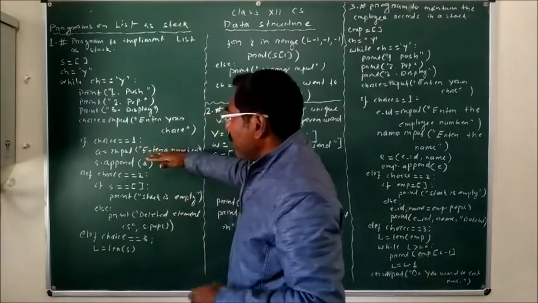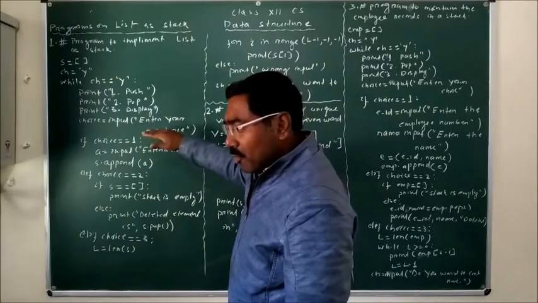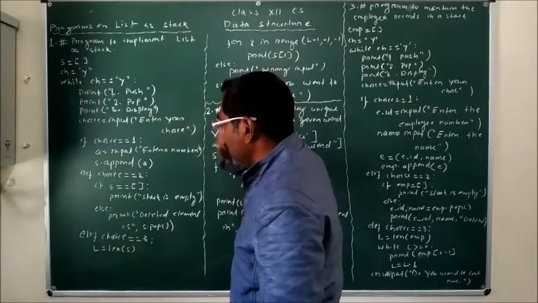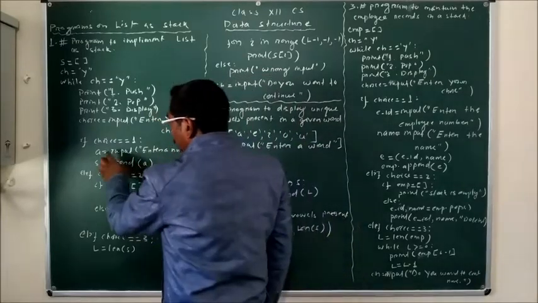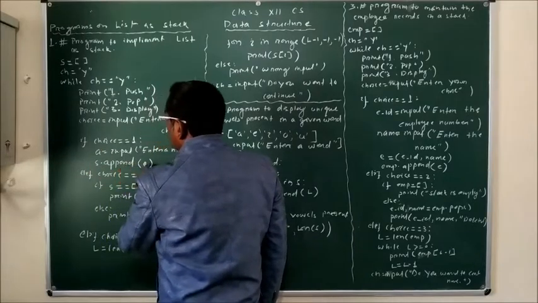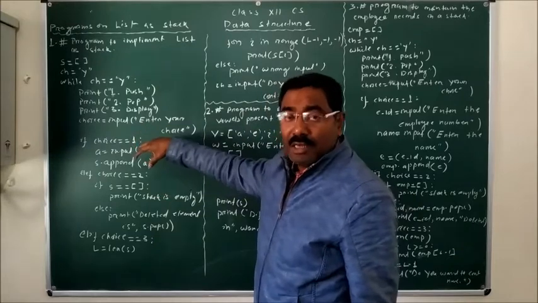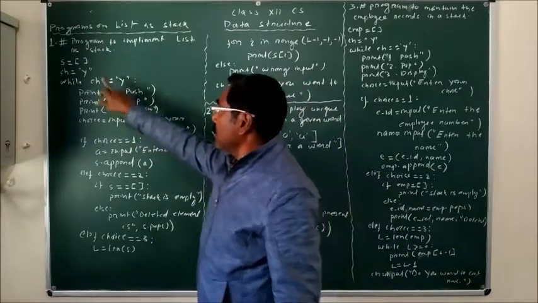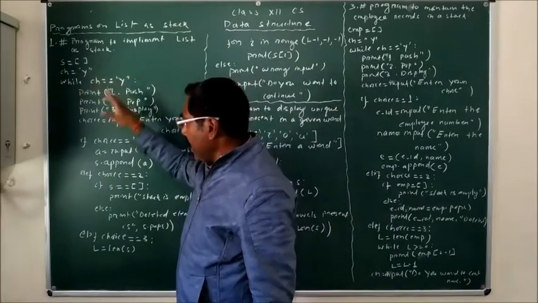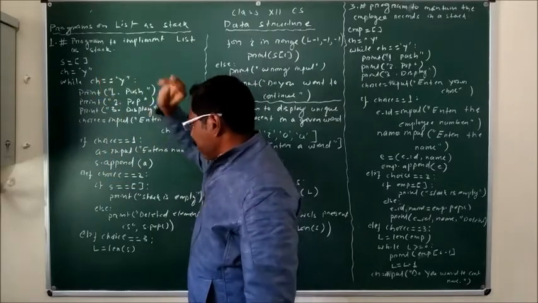This number is the element of the stack that we have to enter. Suppose we have entered a number 5 over here, then 5 will be stored in a. In the next statement, s.append(a). That means a is now added into the stack, that is S as a list. So a, that means 5, will be stored in stack S.